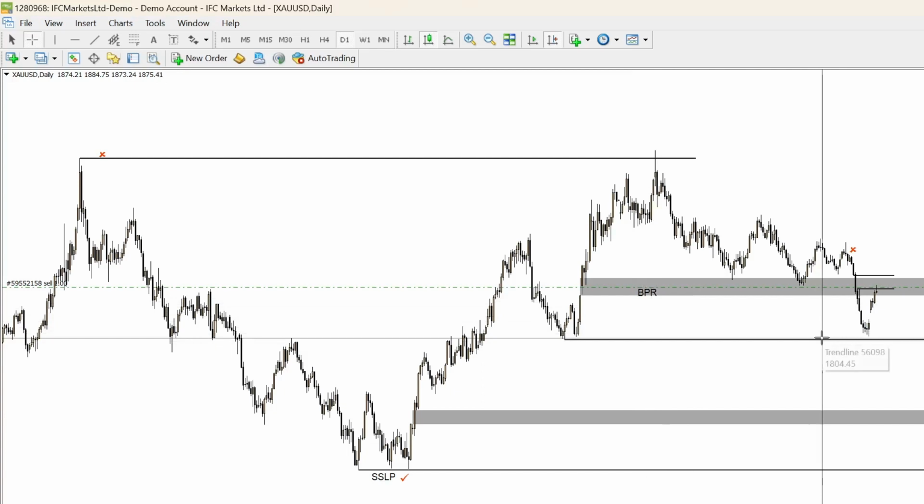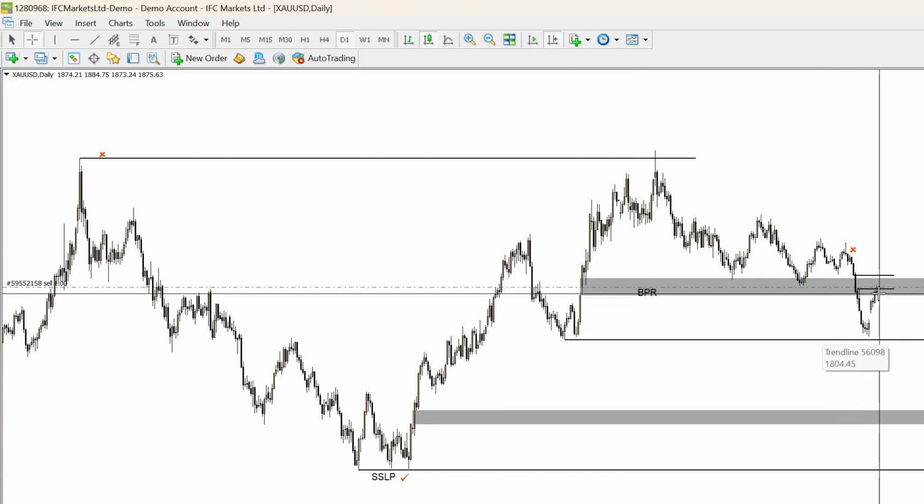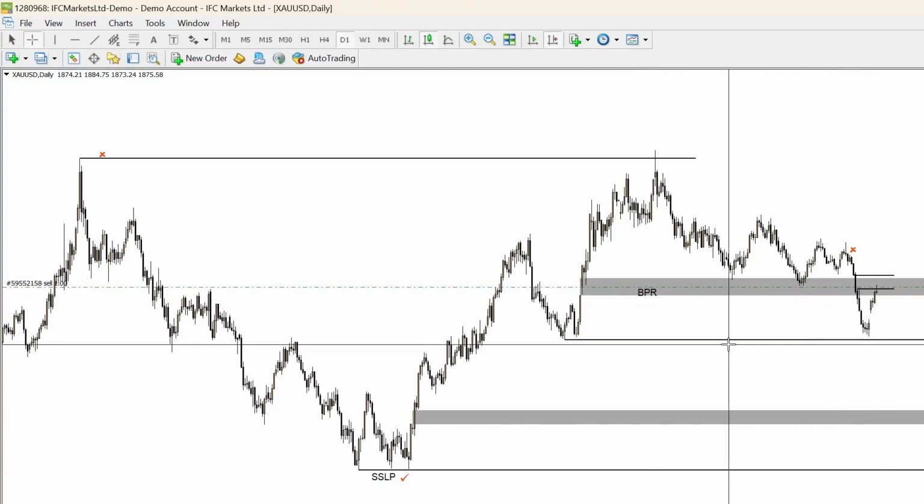Here I've entered a short position. If you guys have been following along with the content, you know what my setup is. You know when I execute. You guys know when I'm getting in the market and when I'm getting out of the market. Here we have our visual representation of price in the candlesticks.